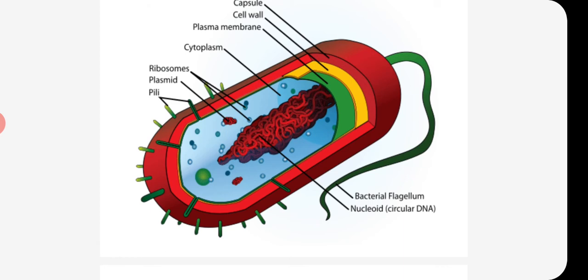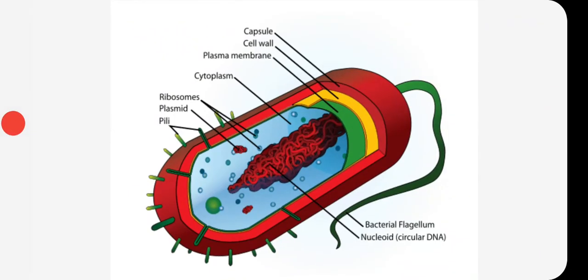The next one is the cytoplasm. The cytoplasm of the bacterial cell consists of water, proteins, carbohydrates, nucleic acids, and many other things. The eukaryotic double membranous cell organelles, Golgi complex, endoplasmic reticulum, and mitochondria, are absent in bacteria, and 80S ribosomes are also absent, whereas 70S ribosomes are present.